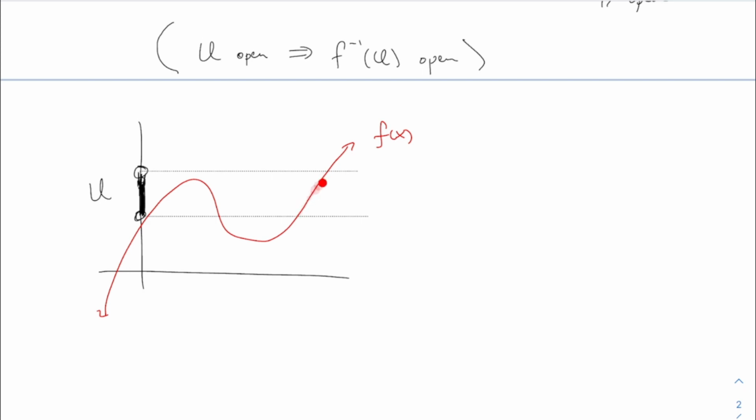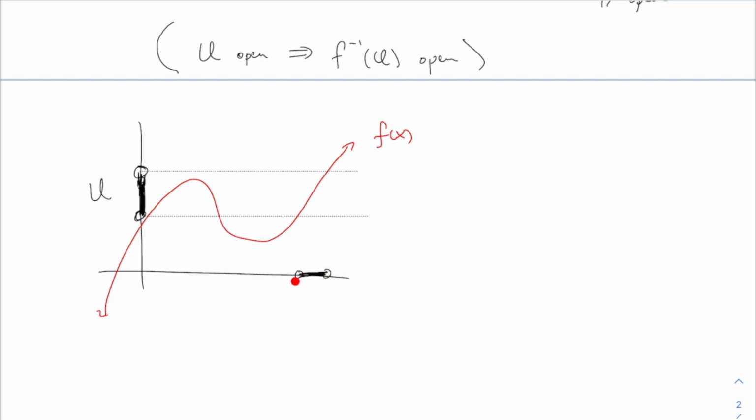Wherever you see y values in that range, those points will get pulled back into U. So F inverse of U includes points here, because any point in here has y values inside this band, so they end up inside of U.